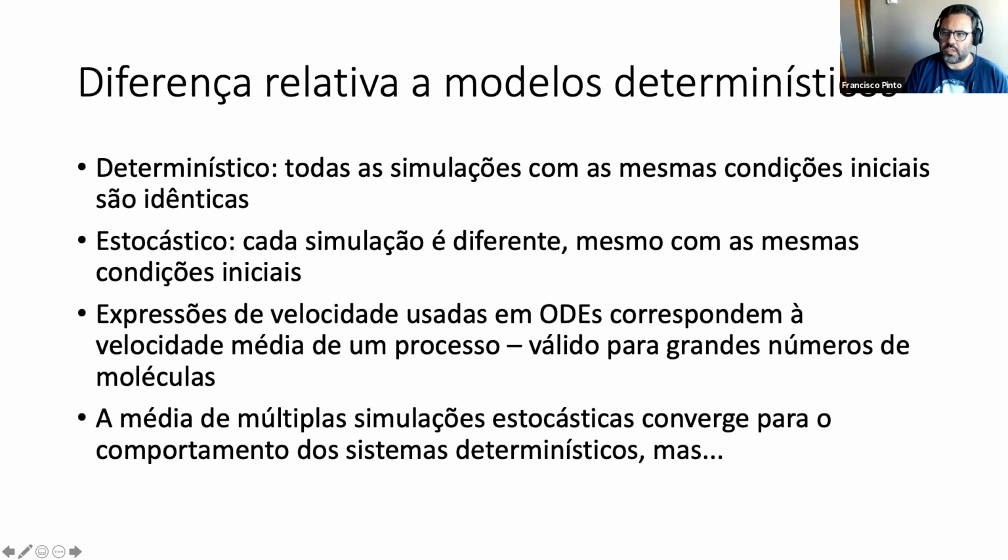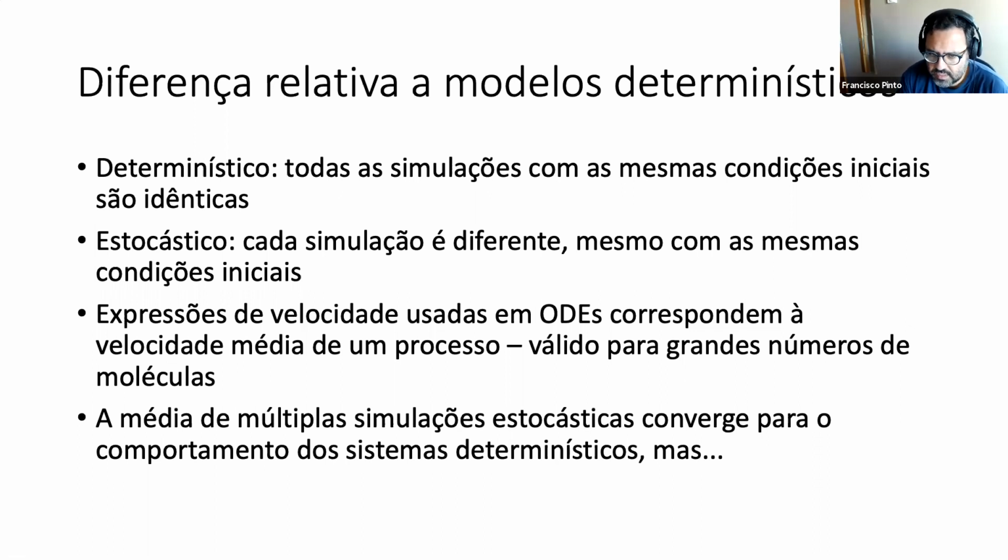The main difference is that systems of differential equations are deterministic systems. By deterministic, I mean if we start a simulation at a given initial condition, the trajectory of the system is going to be exactly the same every time.